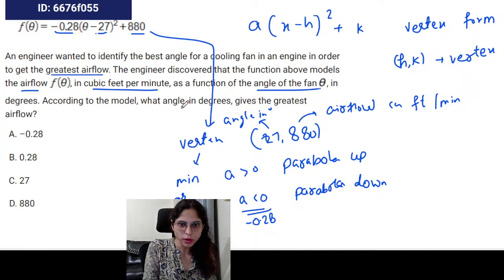According to the model, what angle gives the greatest airflow? Greatest means they are talking about the vertex. So the angle is 27 degrees.